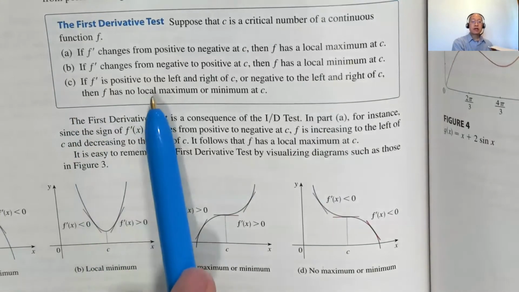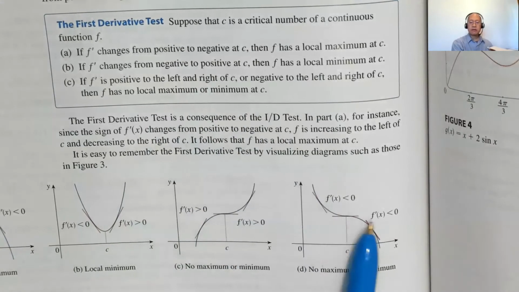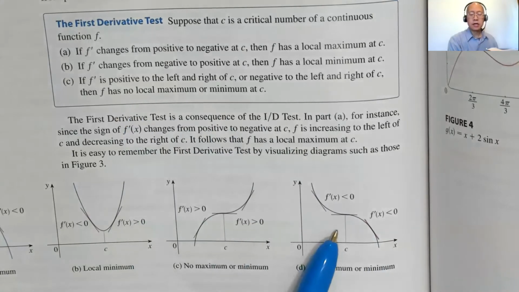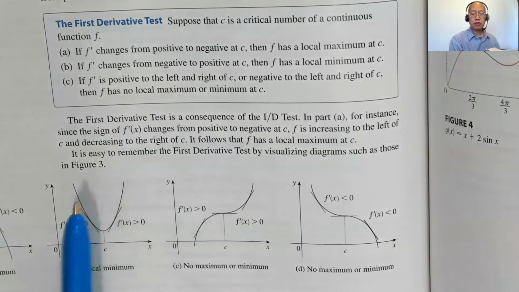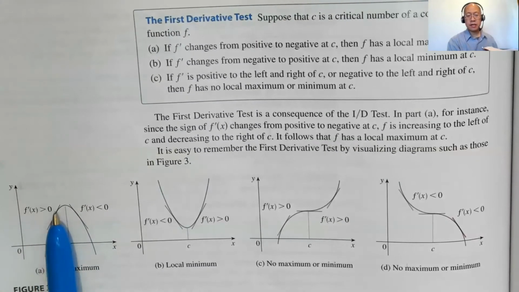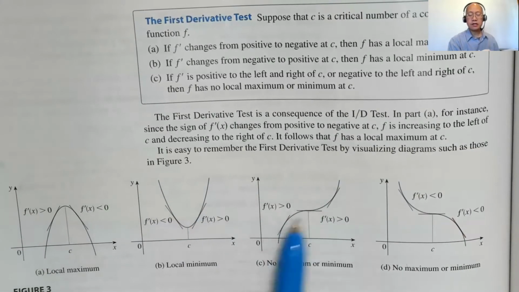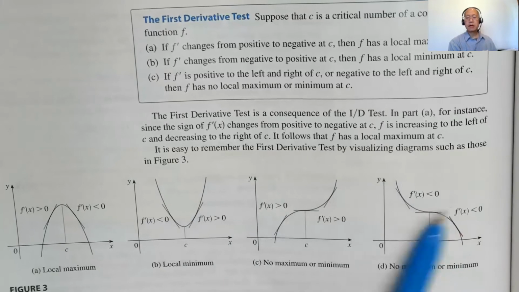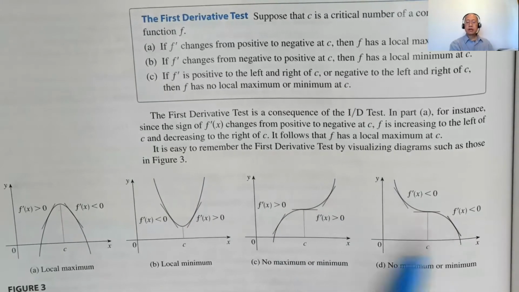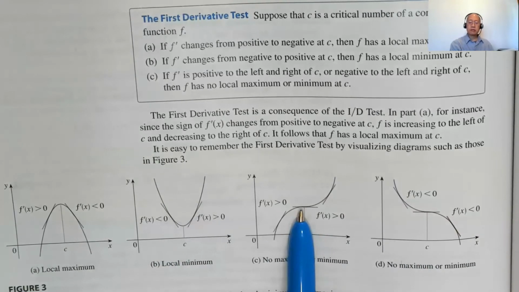If f prime is positive to the left and right of c, like this, or negative to the left and right of c, then f has neither a local maximum nor a local minimum at c. So this is how you can tell if you have a maximum or a minimum. Okay, look at the picture. Maximum, increasing, decreasing. Minimum, decreasing, increasing. In these two cases, you don't have a maximum or minimum because it might go increasing, increasing, or decreasing, decreasing. Okay, so first derivative equal to 0 does not guarantee you have a maximum or minimum.